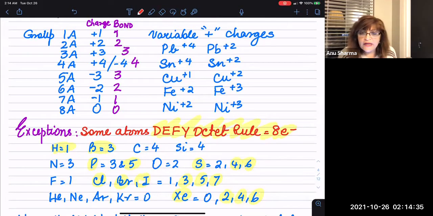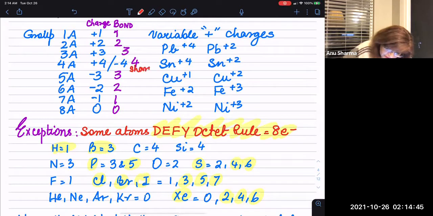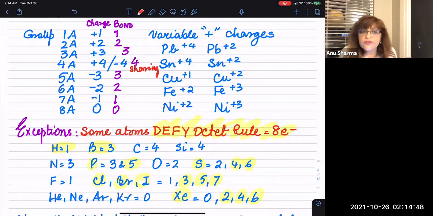Group 4A will make 4 bonds, with +4 or -4 charge, but they also form bonds by sharing, and again four bonds will be formed. 5A, the charge is -3, and they will make 3 bonds. Group 6A, -2 charge, will make 2 bonds. 7A, -1 charge, will make 1 bond. Group 8A, no charge, no bonds.